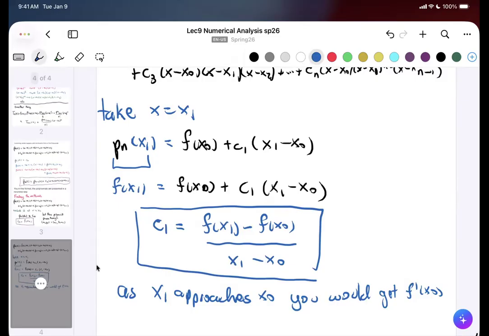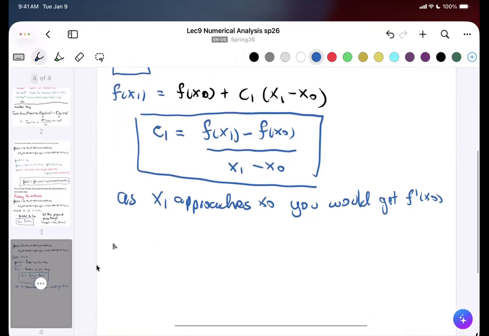So this quantity is useful to have a notation for. It's called a finite difference. Otherwise it becomes too messy to just write it down that way. So this quantity is special enough, and it's called a finite difference.